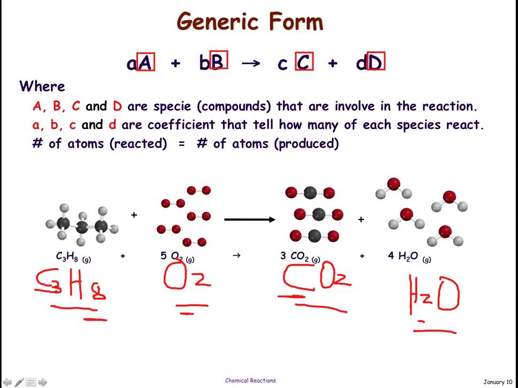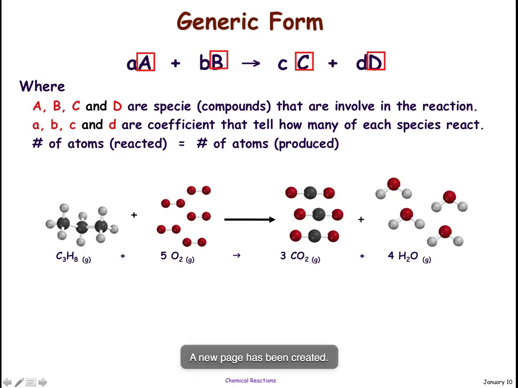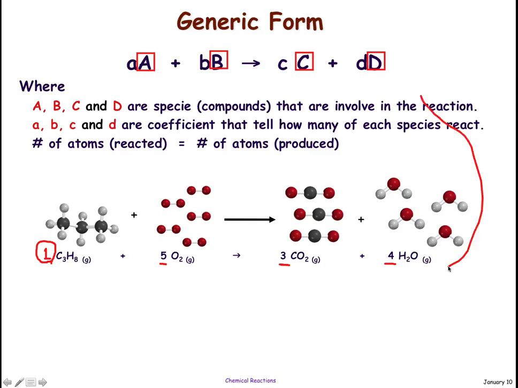So that's the balanced equation as we discussed last time. These are the coefficients right here. Even though you don't see a number there, it means it's 1. Here we have 5, here we have 3, here we have 4. So going back to this form, the small d is the 4 in this example.